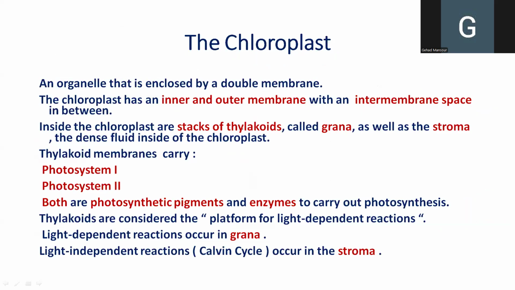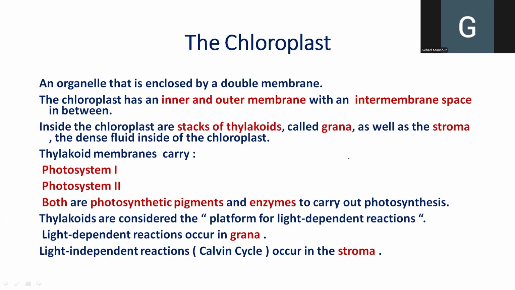So the chloroplast is an organelle that is enclosed by a double membrane. The chloroplast has an outer membrane and an inner membrane, and the space between them is called the intermembrane space. Inside the chloroplast, we have piles of thylakoids, and these piles of thylakoids are called the grana.